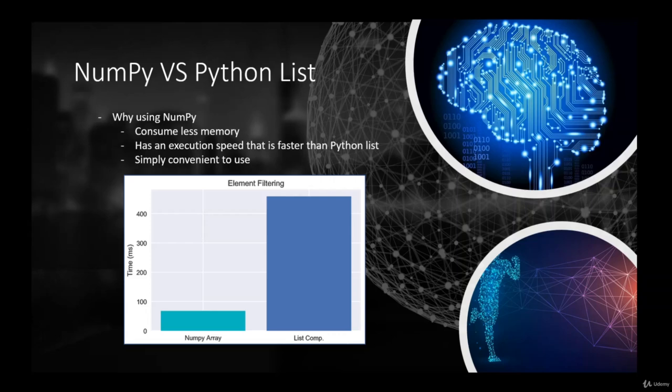So as I said, it goes way faster than working with Python list, especially if you guys want to work with huge operations. Once again, this is an interesting thing that I found, so you can compare the speed of Numpy arrays versus lists. So as you can see, the time is in milliseconds, so it's not even 1 second, but you still can see that Numpy is at least 4 to 5 times faster than Python list.